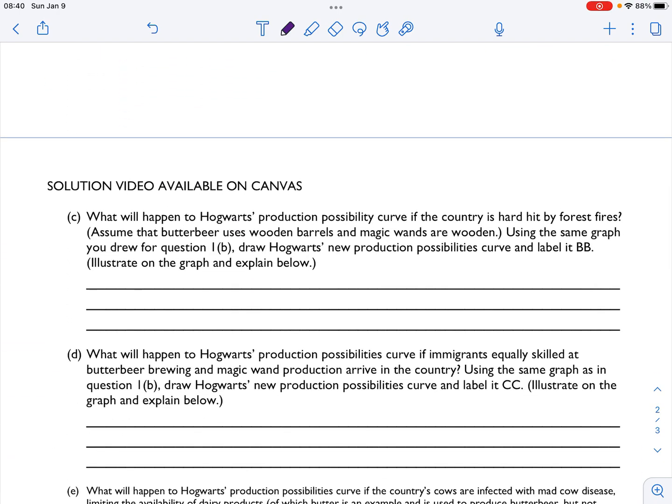We need to explain this. Both Butterbeer, abbreviated BB, and magic wand, MW, production will decrease because there are fewer resources that can be used to make magic wands and Butterbeers.